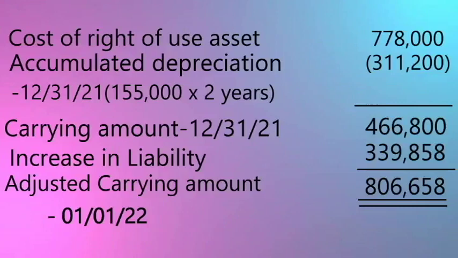So, ililas natin siya sa cost of right of use asset beginning para makuha natin yung bagong carrying amount as of December 31, 2021 bago magkaroon ng extension. So, it is equals to 466,800. Since nagkaroon tayo ng increase in lease liability as a result of the extension, so i-add natin siya sa carrying amount para makuha natin talaga yung pinaka right of use asset or adjusted carrying amount as of January 1, 2022 na 806,658.